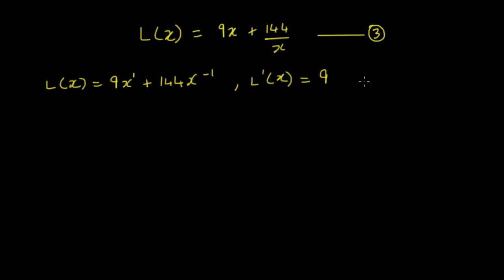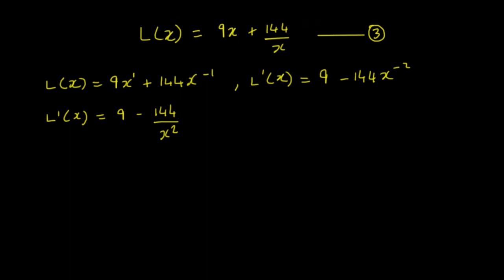And this one here is going to be minus 144 x to the power of 1 less than that, so minus 2. So we can see that L derivative of x is 9 minus 144 all upon x squared.